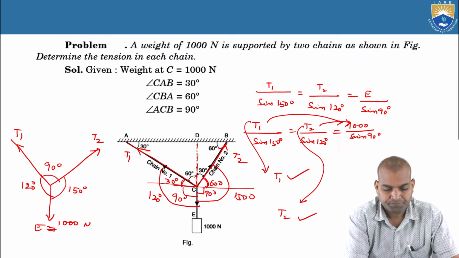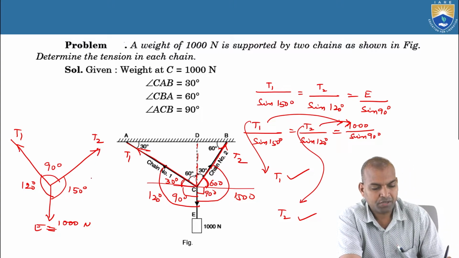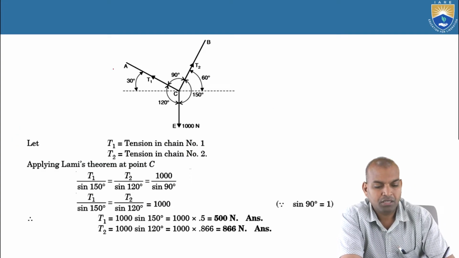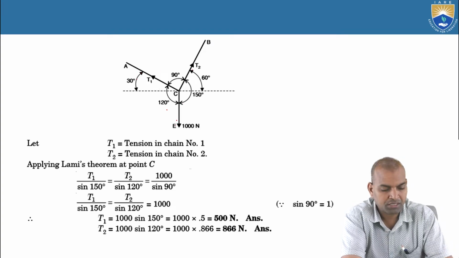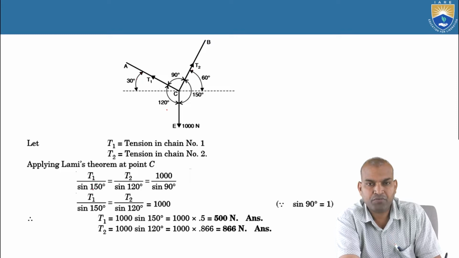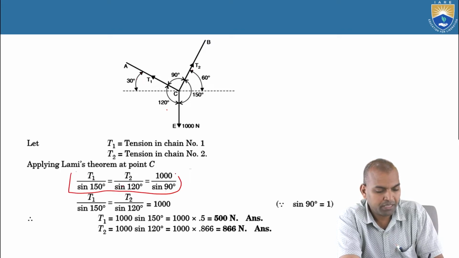All right. And let us see in our solution. As I mentioned here, it is 30 plus 90, 120, it is 150. The T1 and the T2 and E equal to 1000. T1 by sine 150 equal to T2 by sine 120 and 1000 by sine 90.